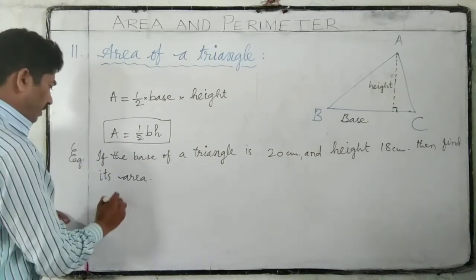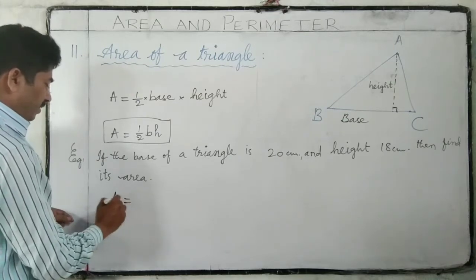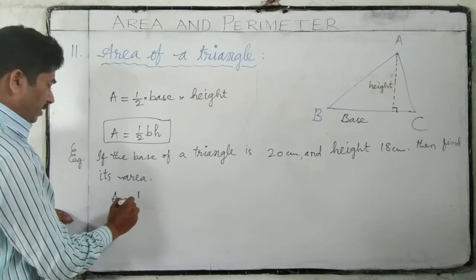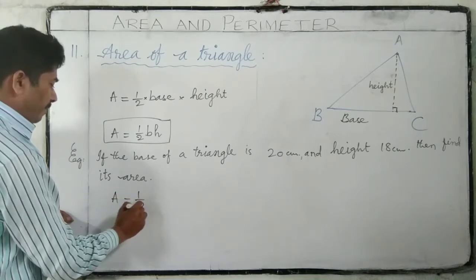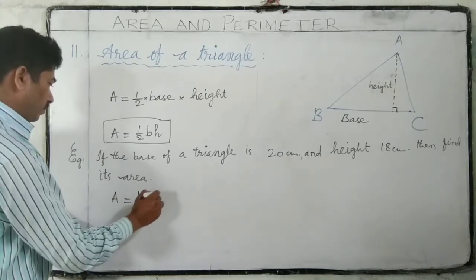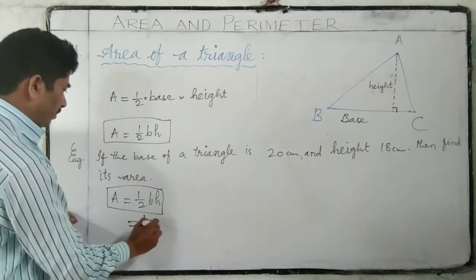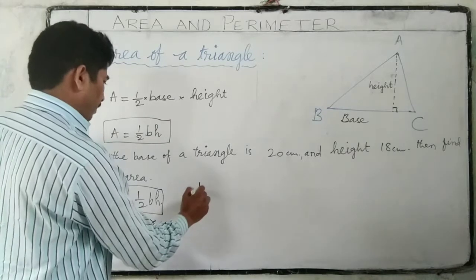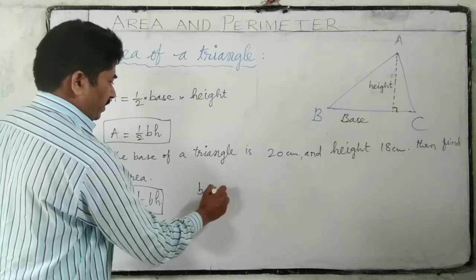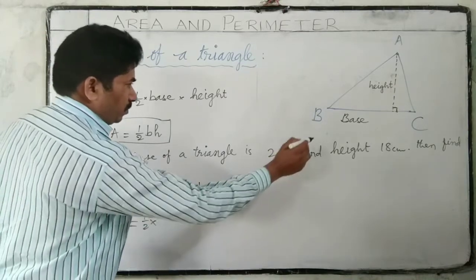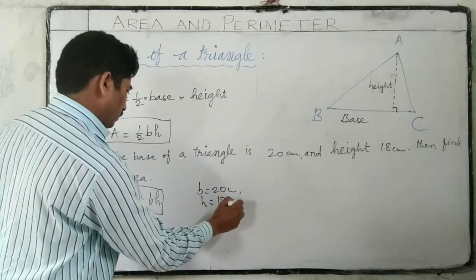So to find area of a triangle, we have a formula. A is equal to half BH. Half into base is given here. B is equal to 20 centimeters and height is equal to 18 centimeters.